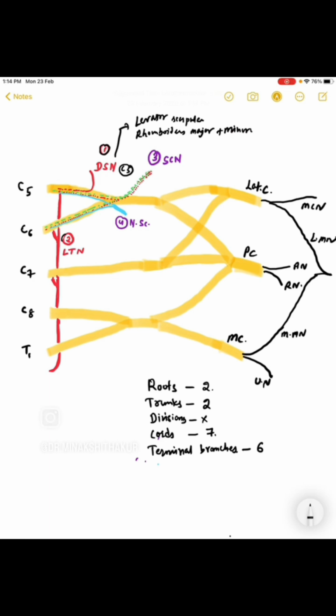The second nerve that arises from the roots is the long thoracic nerve. Similar to the dorsal scapular nerve, the long thoracic nerve also has motor fibers only, which supply the serratus anterior muscle, and it has a root value of C5, C6 and C7.